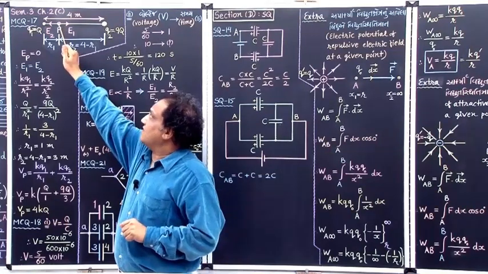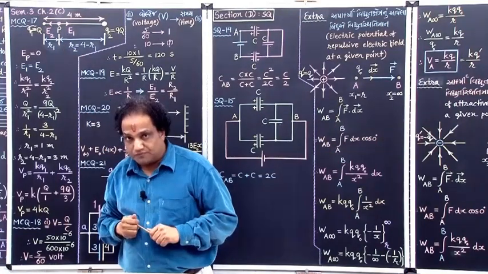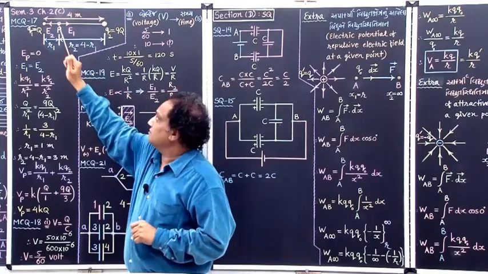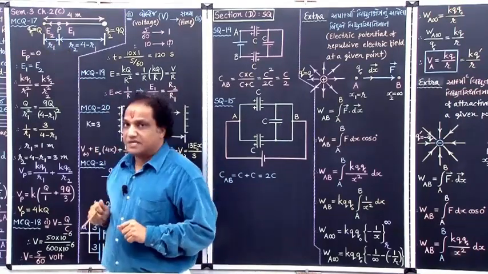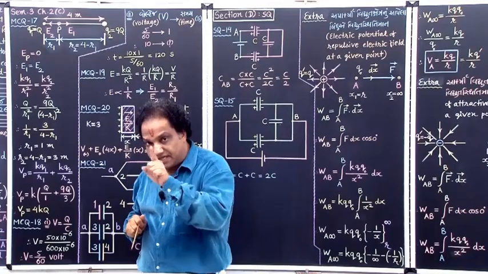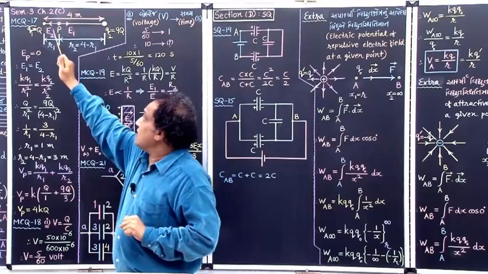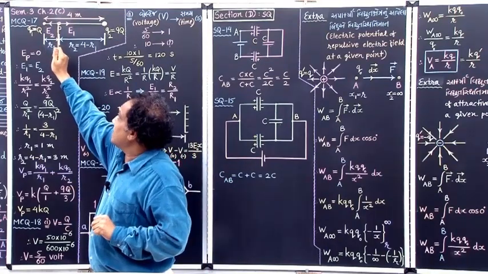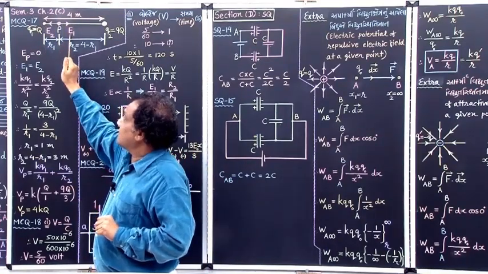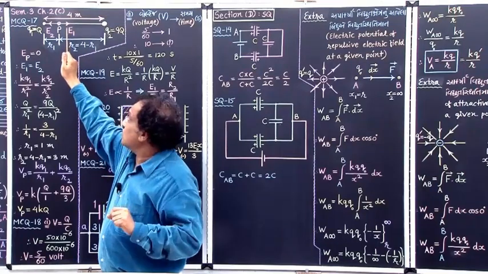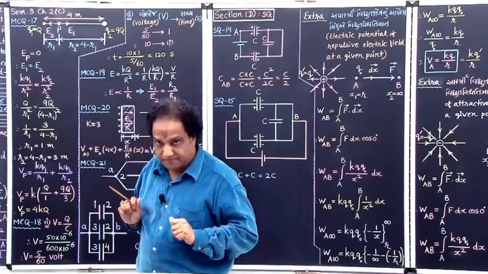Now why is electric field here 0? The reason is that, look, this is a positive charge, and due to a positive charge the direction of electric field will be pointing away from it. So away from this charge is this direction, and it is the electric field produced by the first charge, so I am showing it by symbol E1.